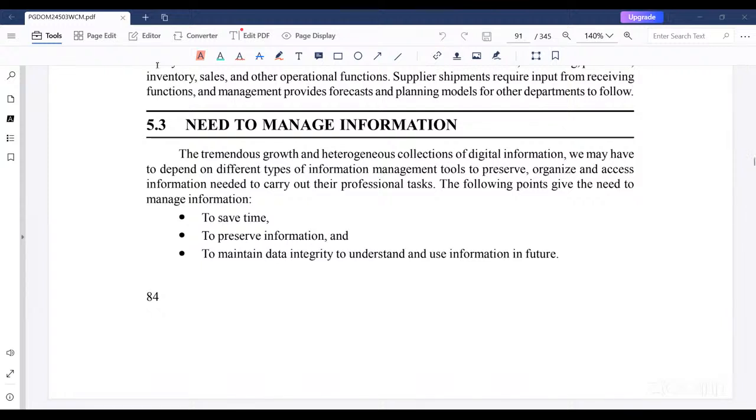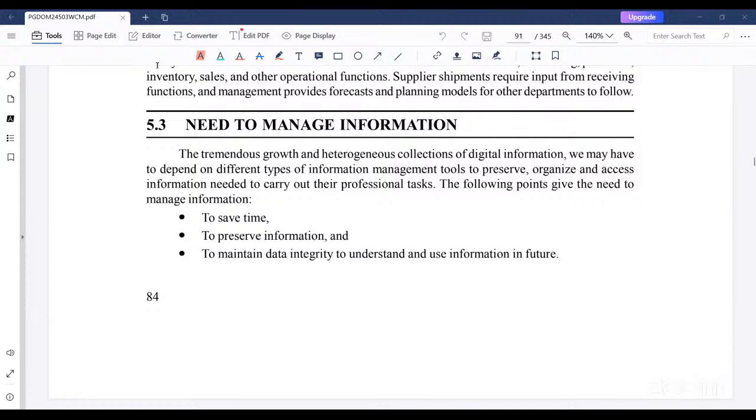So here, the need to manage information arises because of the tremendous growth and heterogeneous collections of digital information, which may depend on different types of information management tools that try to preserve, organize, and access information needed to carry out professional tasks.